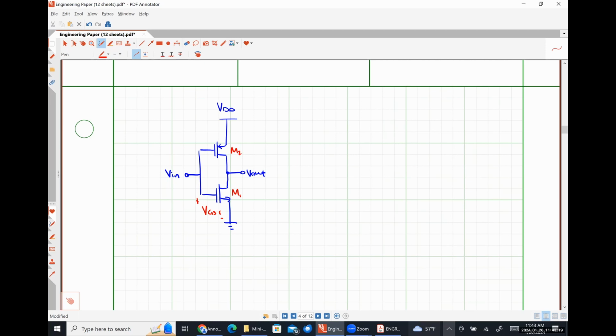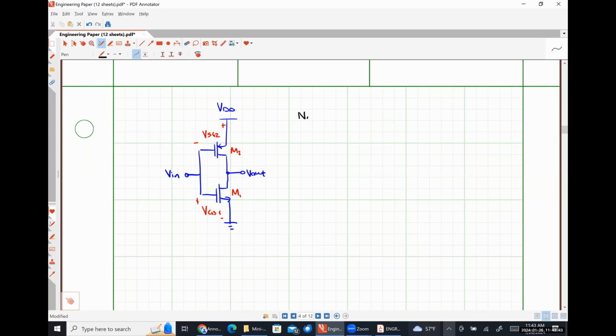This is transistor M2. So this will be VSG2, right? And just to recall things, this is not part of this class, by the way. You don't have to pay attention to this. I'm just trying to answer a question.